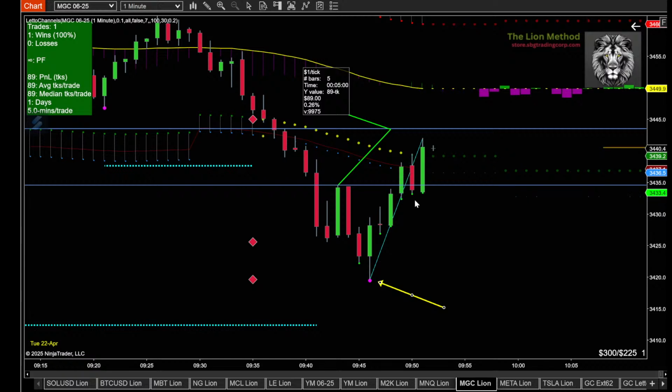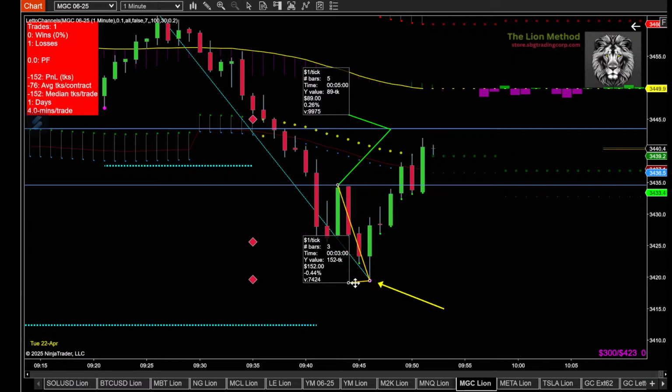All right, we still haven't had a bar fully above the entry price. So our stop is still down here. Again, our risk would have been down to here of $152. So we're still risking 152.